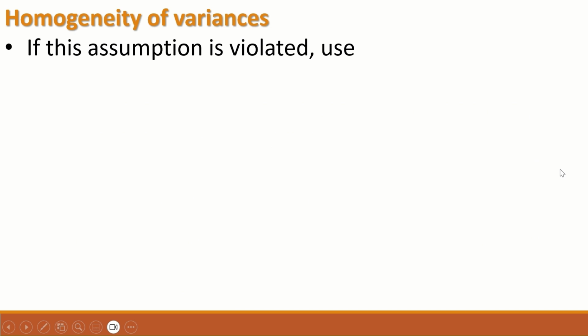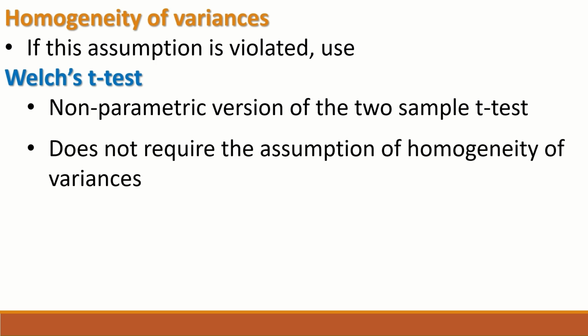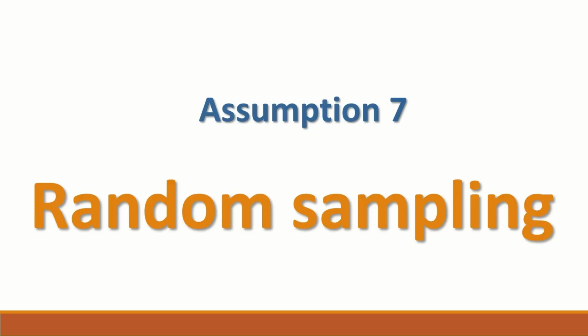If the assumption for homogeneity of variances is violated, then use another test, which is Welch's t-test, which is a version of the two sample t-test that does not require the assumption of homogeneity of variances.